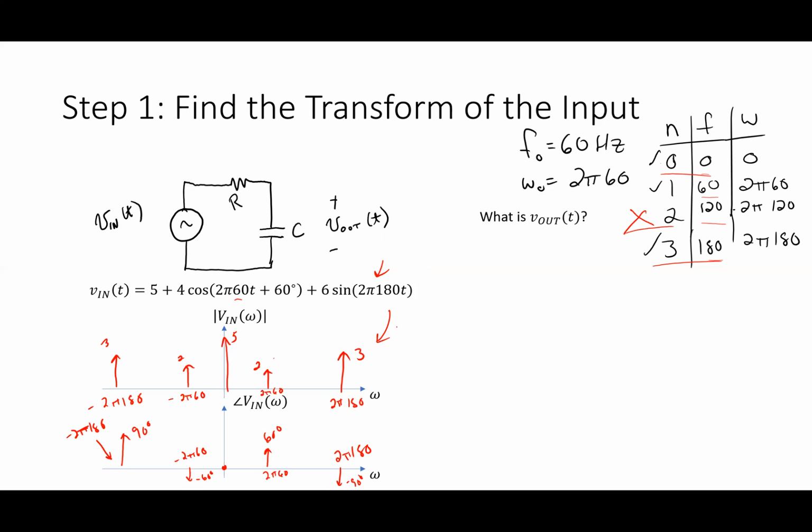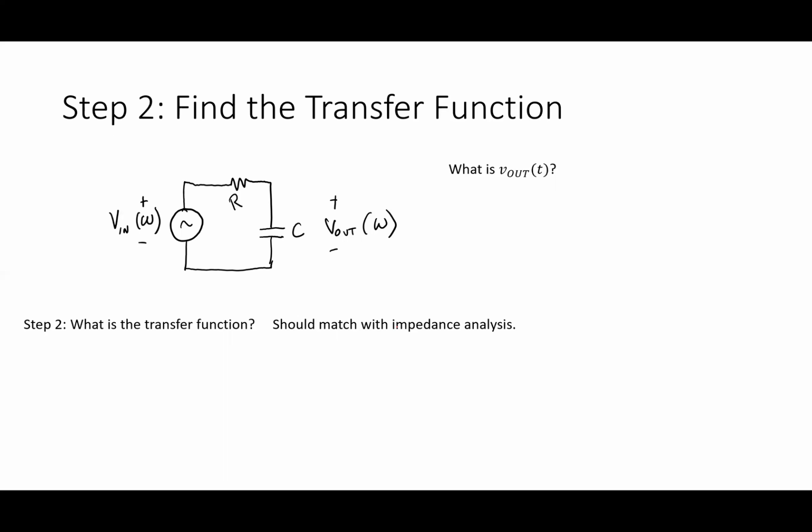Now I want to figure out the transfer function. To get it, if I had the differential equation for the circuit, Vin of t equals RC dVout by dt plus Vout, I can use the approach we just described.